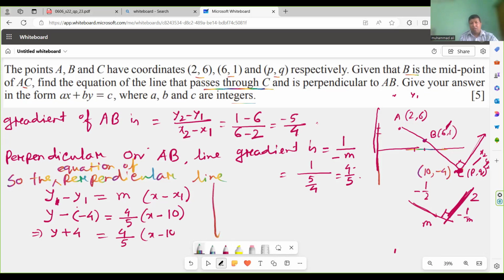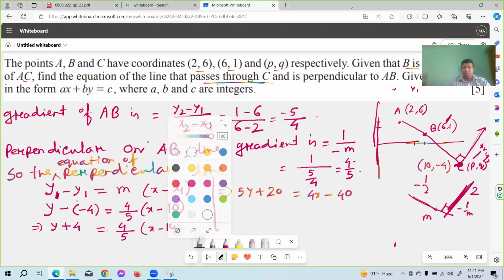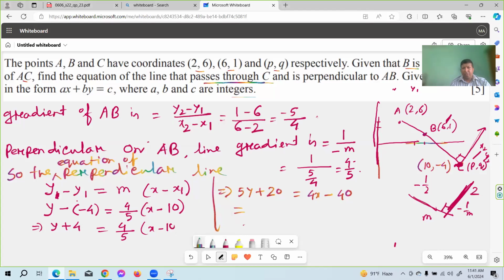If we cross multiply, we get 5y + 20 = 4x - 40. If we write all terms on the left side, it will be 5y - 4x + 20 + 40 = 0.